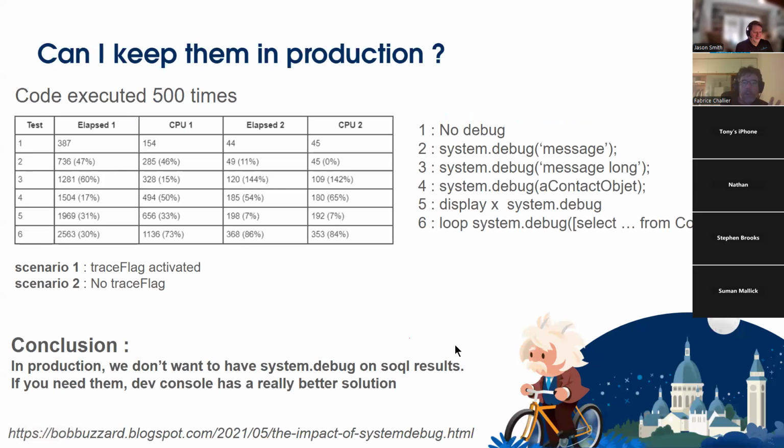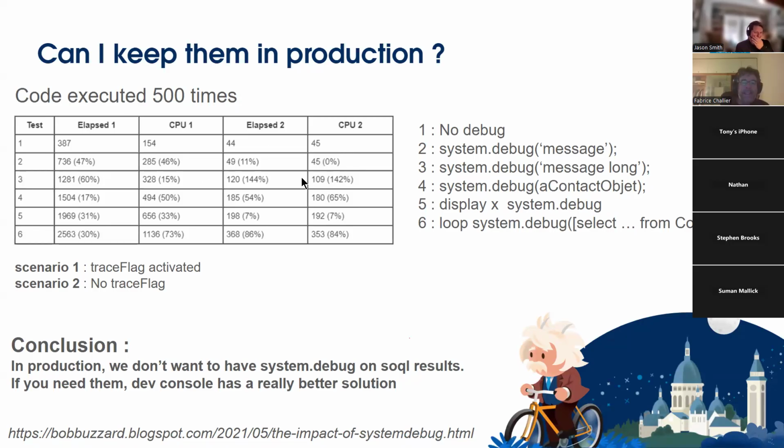Regarding system debug, Bob Buzzard wrote a very nice article explaining how much time the usage of system debug consumes. He executed this type of system debug 500 times, monitoring what happens if the trace flag is activated and not activated.